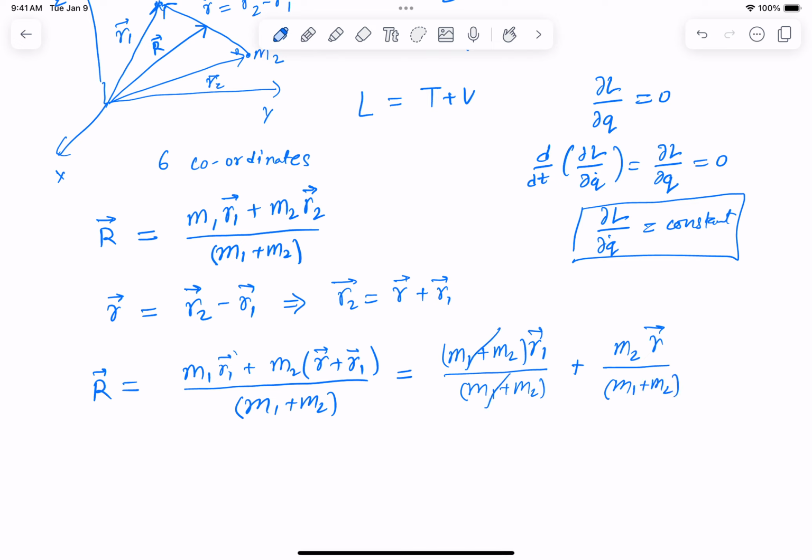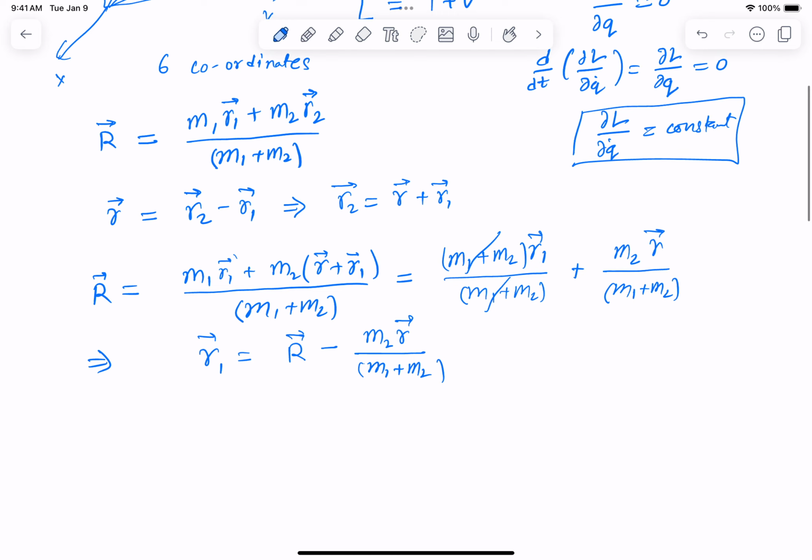And you can see that these two cancel, and so we have essentially capital R equals r1 plus m2 r by m1 plus m2. If you just rearrange, you can see that r1 will become capital R minus m2 r divided by m1 plus m2. Okay, so this is our r1. Similarly, you can get r2.